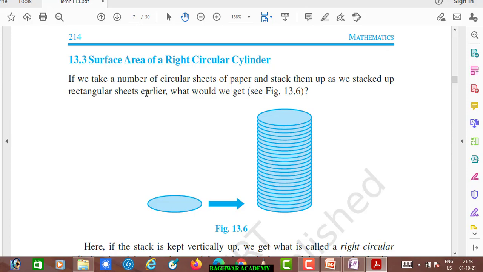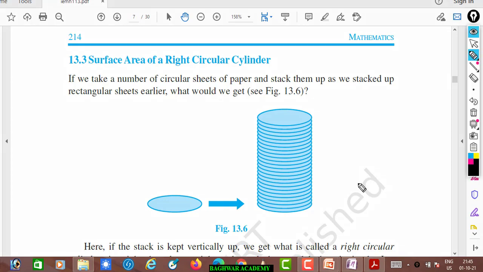If we take a number of circular sheets of paper and stack them up as we stacked up rectangular sheets earlier, what would we get? Here you see how it has been explained. Just try to understand in a very simple way. Suppose we take a number of circular sheets, and we are stacking similar circular sheets on this, in this way.